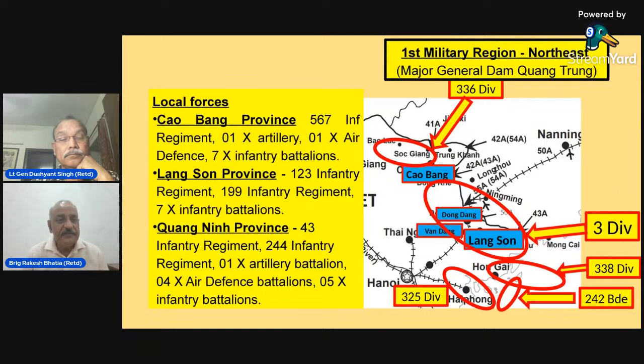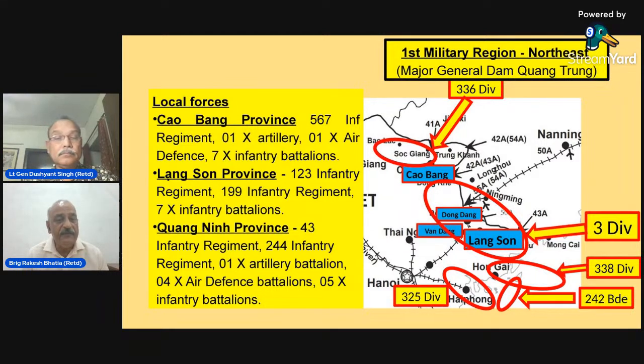In addition, the local forces that I spoke about: in Cao Bang province, 567 Infantry Regiment and Air Defense; in Lang Son, 123 Infantry Regiment, 199 Infantry Regiment, and 7 Infantry Battalion; and in Quang Ninh, which is on the coast along the Gulf of Tonkin, 43 Infantry Regiment and 244 Infantry Regiment, supported by air defense.